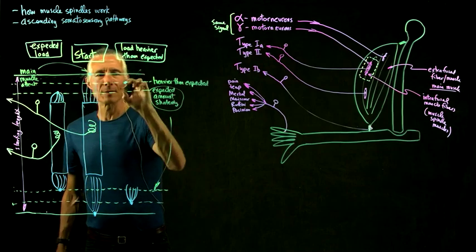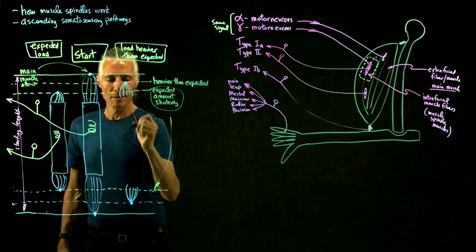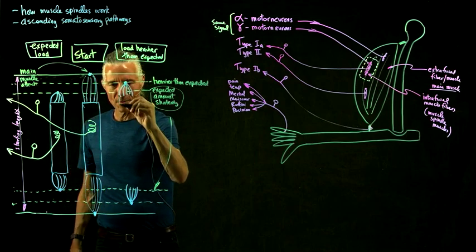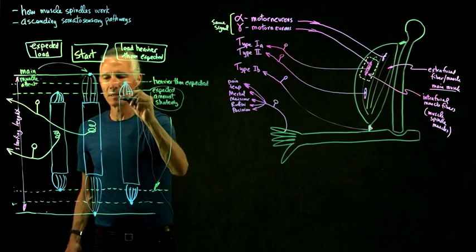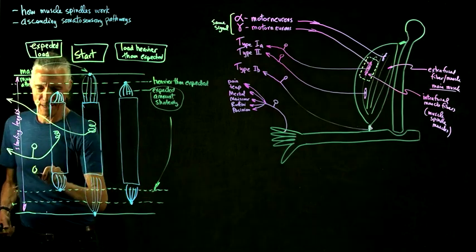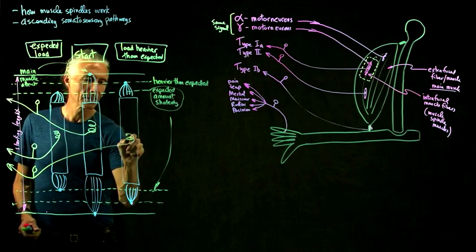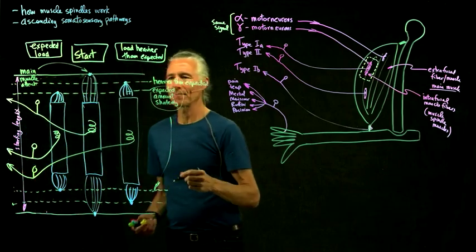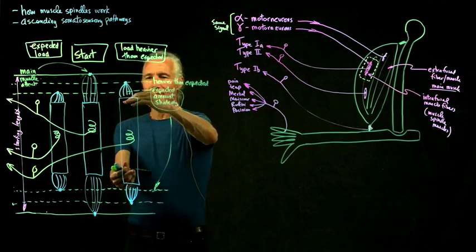So they contract the same amount, and so now this receptor will get stretched. When you look at the signal coming into the system, it's going to get a stretch.